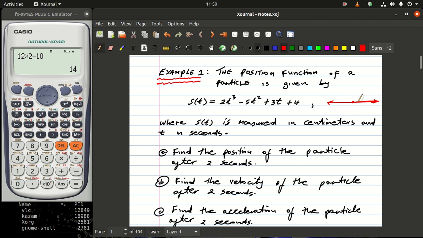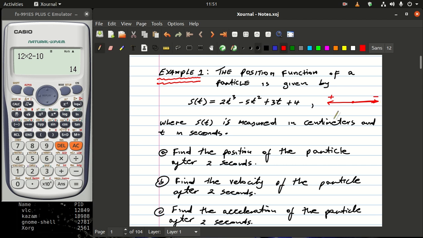Secondly, if I consider moving this side a positive side and moving this side a negative side, then if the car is moving this way, I can think that as I'm moving this way, position is increasing. And if I'm moving this side, I'm moving in the negative direction.